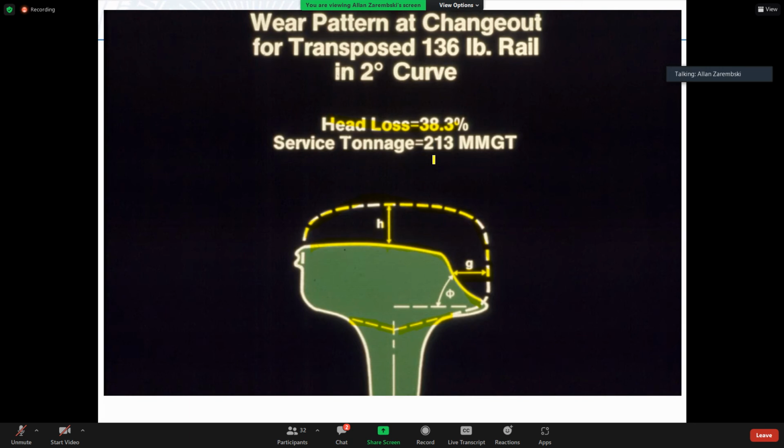So 38% of the rail is lost. And in this particular example, this happened at about 213 million gross tons. Remember, we were talking about 1,000 to 1,500 million gross tons of fatigue life in a rail. And here we have wear life that can be on the order of a couple of hundred million gross tons.